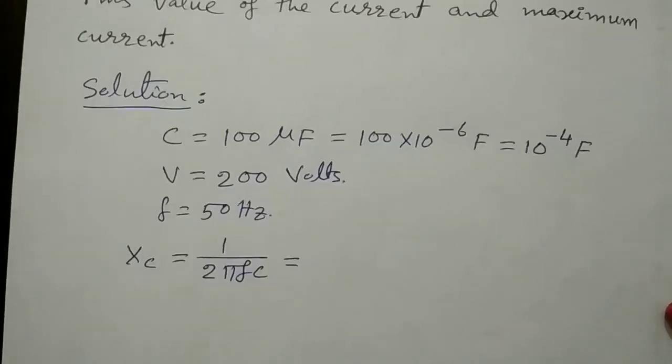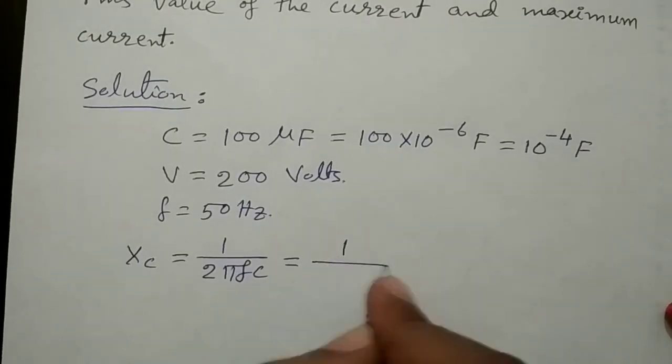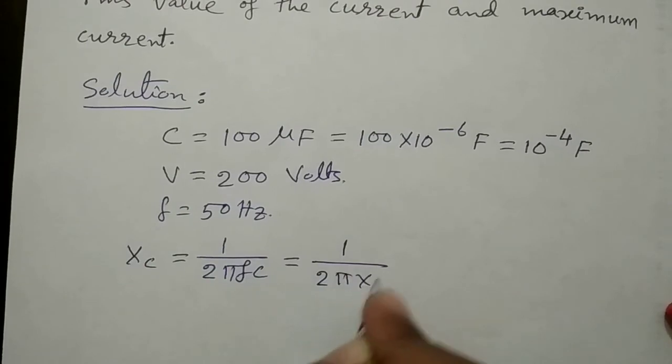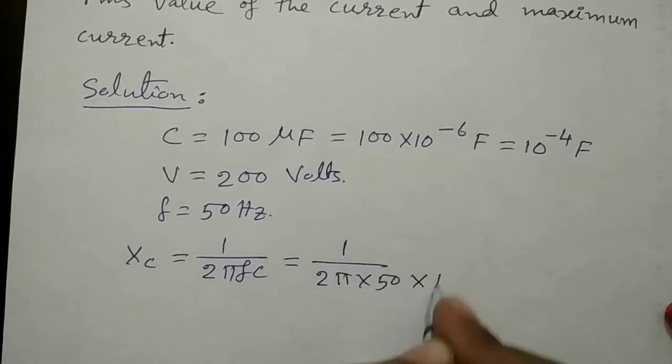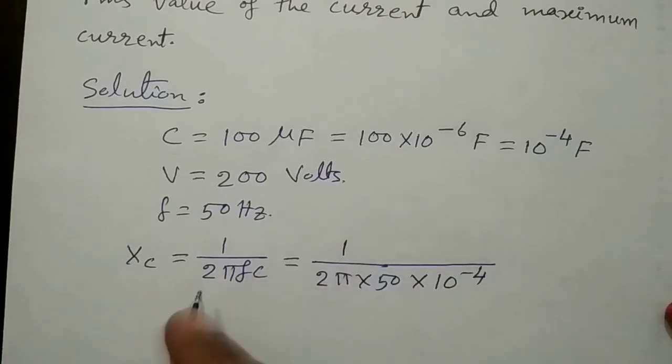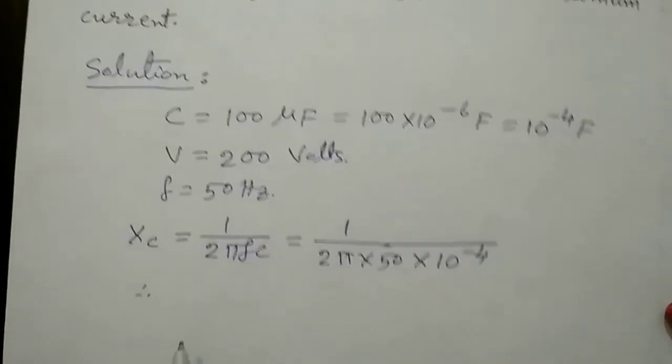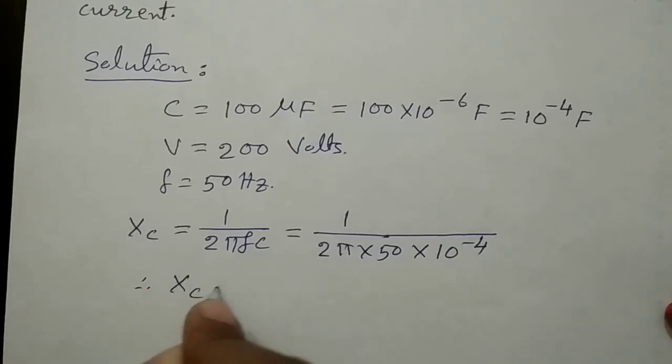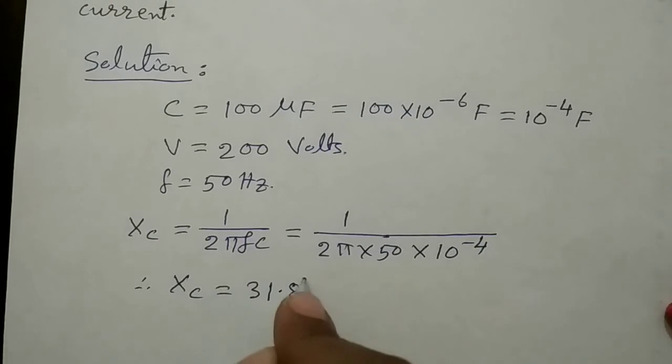So put the values here. So it will be 1 upon 2 pi into 50 into 10 to the power minus 4. So after solving, we'll get the value of capacitive reactance as 31.83 ohms.